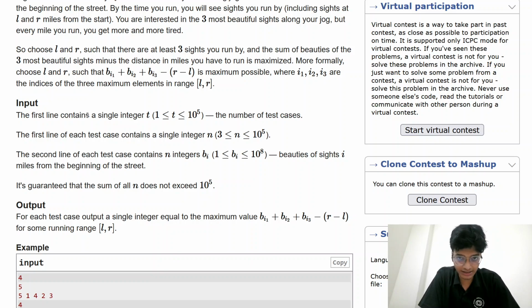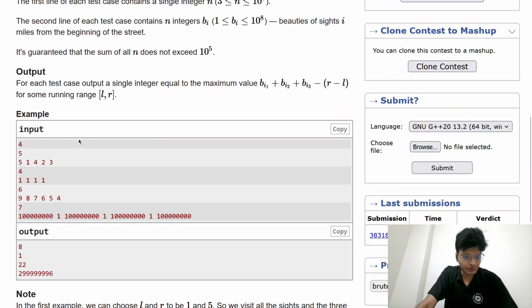Those three sites may or may not include L and R, and the output we have to give is those three sites' beauties minus R minus L, that is the jth minus ith index, the distance so far. Let us see the test case next.